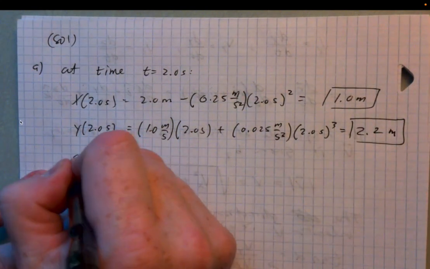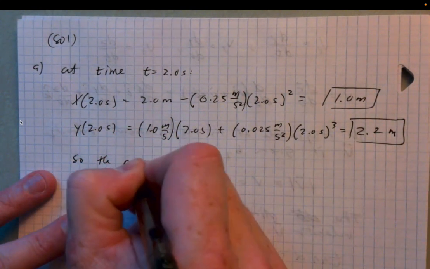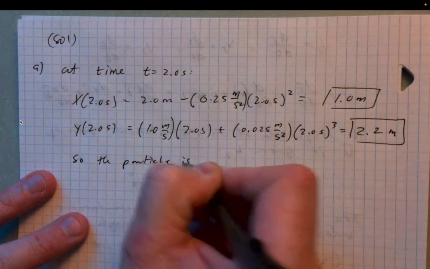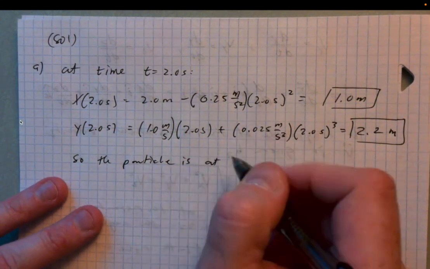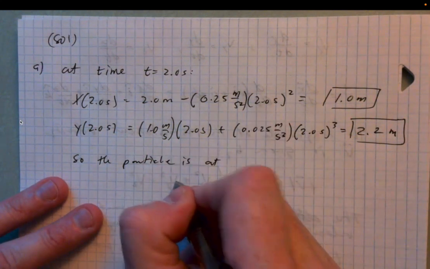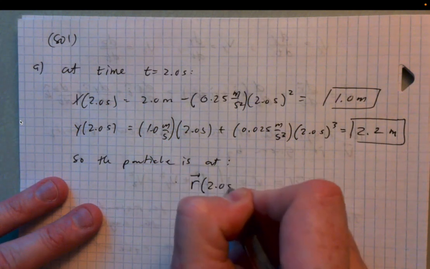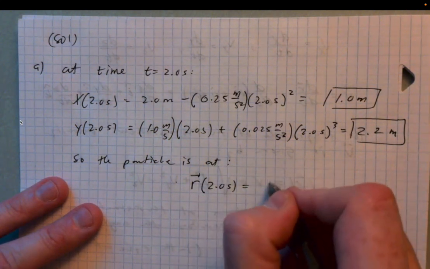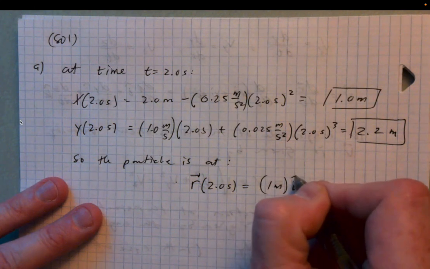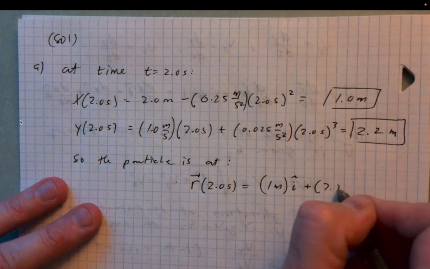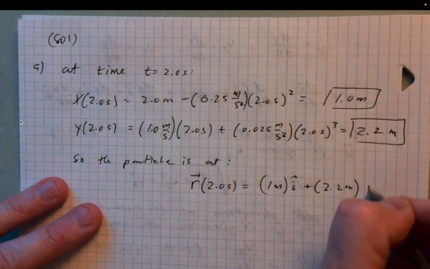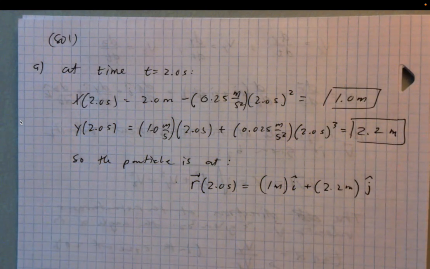And so the position, the r vector, r of 2.0 seconds, is equal to 1 meter i hat plus 2.2 meters j hat. So that's the position of the particle at 2 seconds.